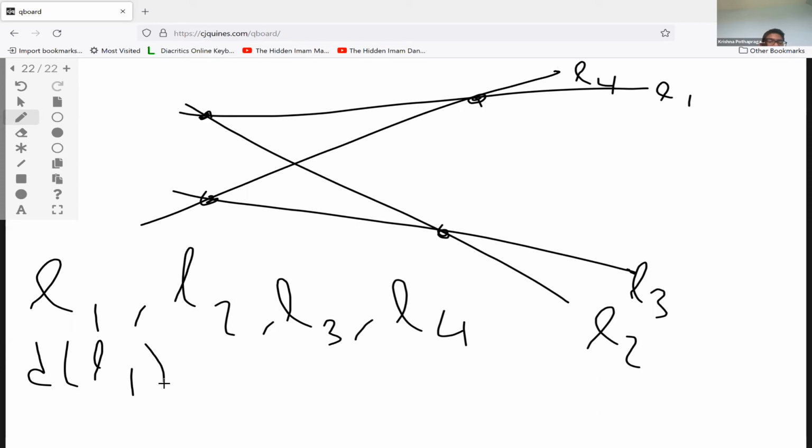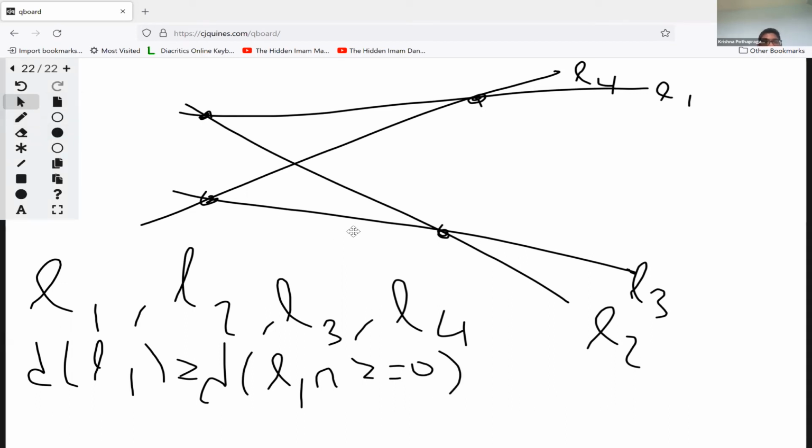So the degree of L1 is an upper bound on the degree of the point with L1 and the line at infinity. I'll just say Z equals 0. So we basically end up with 4 points at infinity. They all have degrees at most degree L1, degree L2, degree L3, and L4.